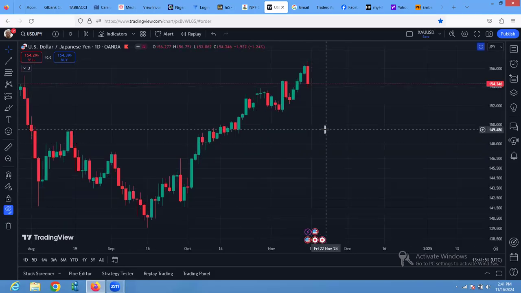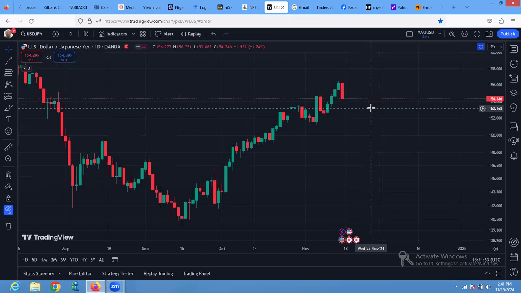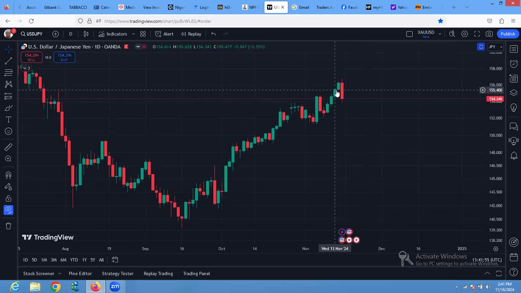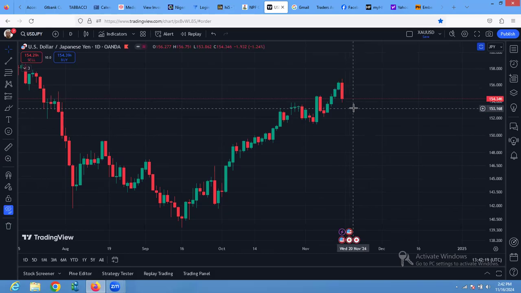All I need on the daily is for price to come to this area, where you saw this bullish candle, and retest around 155, 470. That's an area I'll be watching for price to do a retest for a further fall.